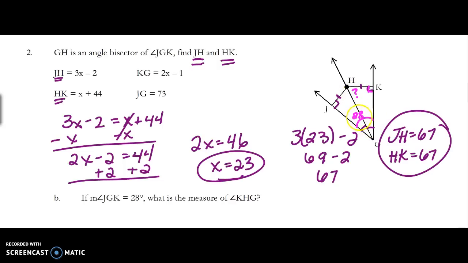Well, if this is an angle bisector, then all you have to do is divide that 28 by 2, so this small measure here is 14. So you know a triangle has 180 degrees, minus that 14, minus the 90-degree angle, and that gives you the measure of angle KHG, which is 76 degrees.